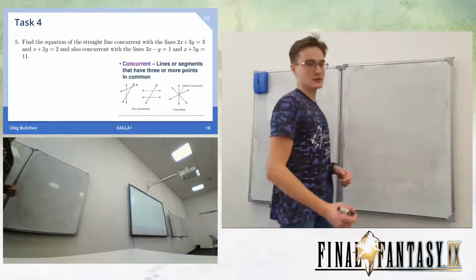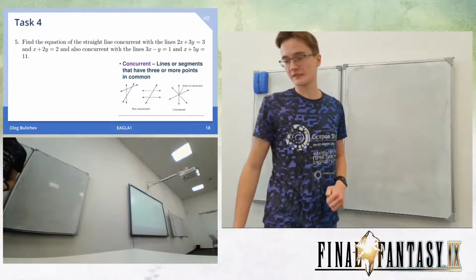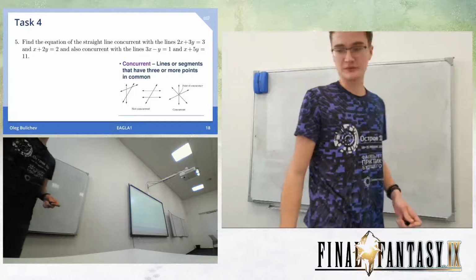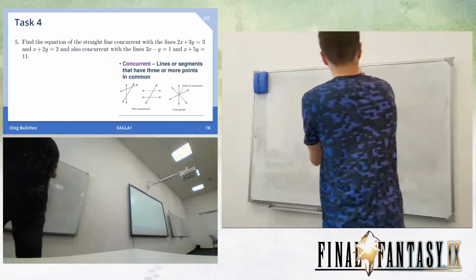Actually, we need to find the point of intersection of the first 2 lines and of the second 2 lines. And after this, we just need to find the equation of the straight line. Okay. So piece of cake.